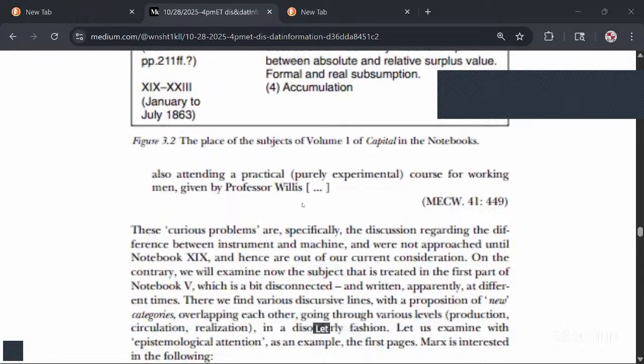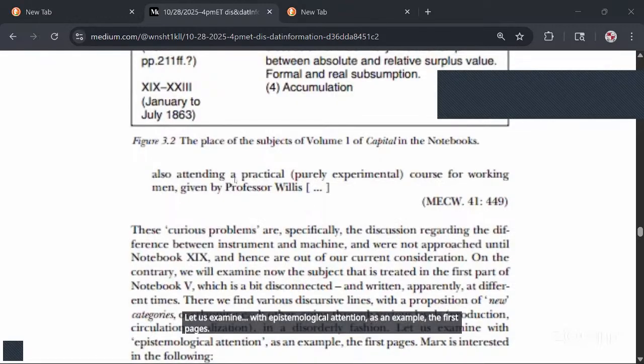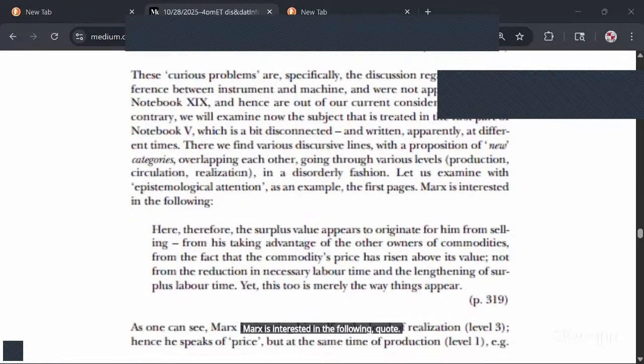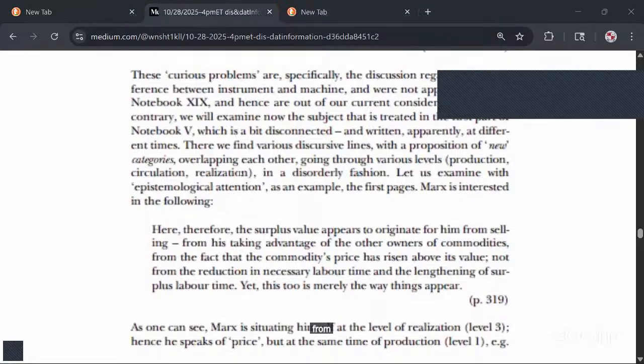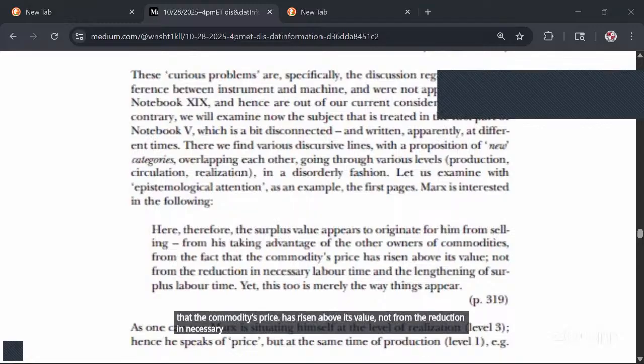Let us examine with epistemological attention, as an example, the first pages. Marx is interested in the following, quote, "Here, therefore, the surplus value appears to originate for him from selling, that is, from his taking advantage of the other owners of commodities from the fact that the commodity's price has risen above its value, not from the reduction in necessary labor time and the lengthening of surplus labor time.